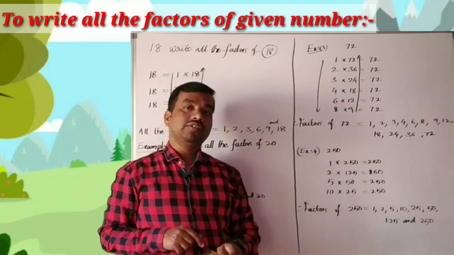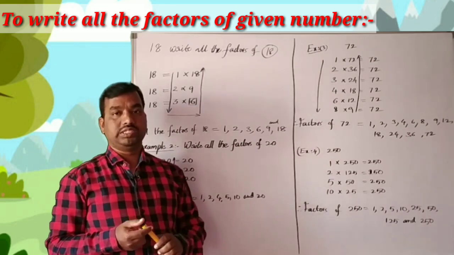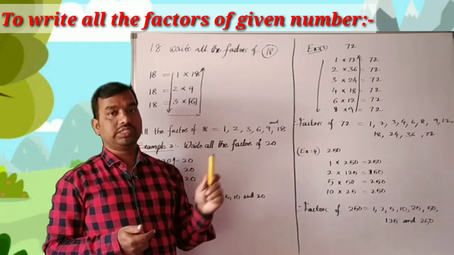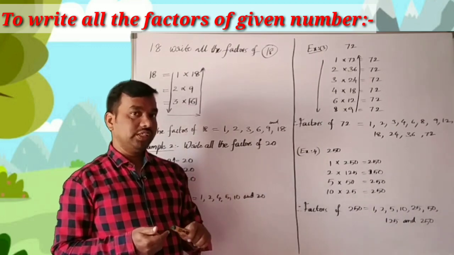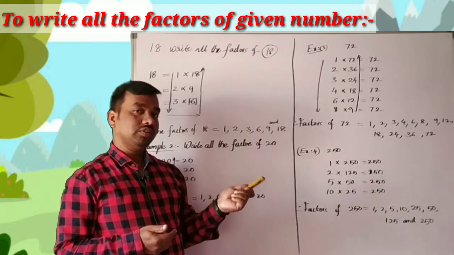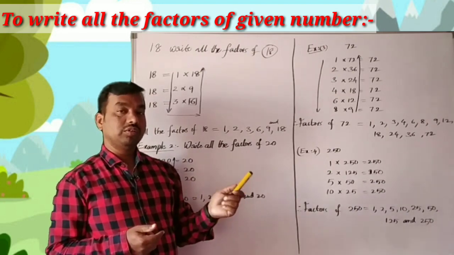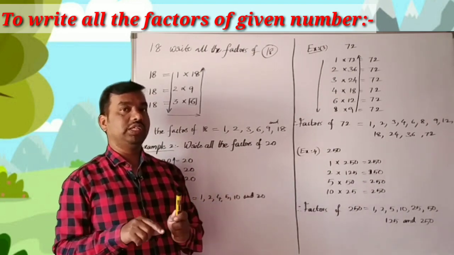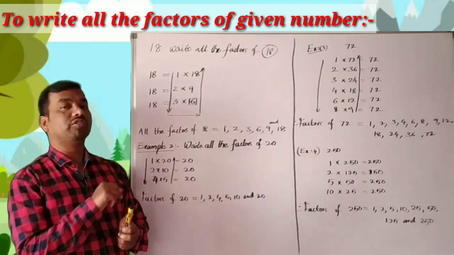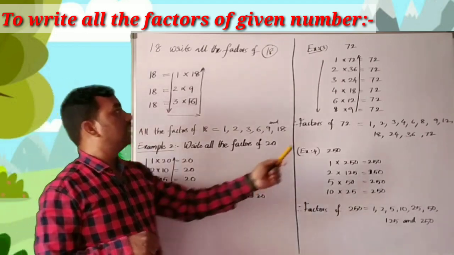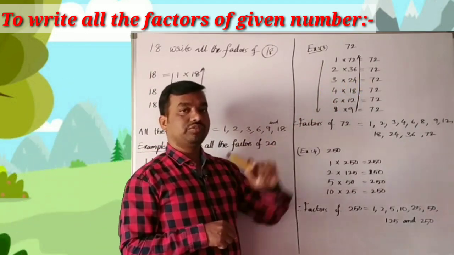And for 3, what is the divisibility rule? The sum of digits. 7 plus 2 is 9. 9 is a multiple of 3. So 3 is a factor of 72. 3 2s are 6 and 1 is remaining. 3 4s are 12, so 14. 3 24s are 72.